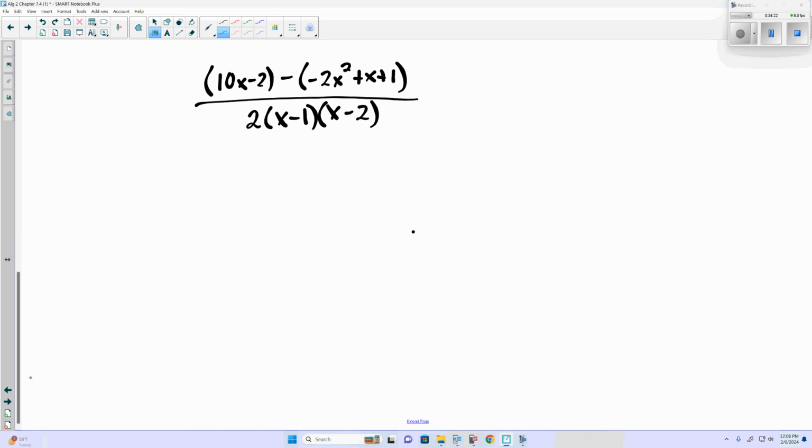Now we do need to be careful when we subtract. Our first expression, 10x minus 2, is just going to stay there. But we do have to apply this negative to all three terms. Our negative 2x squared is going to become positive 2x squared. Our positive x is going to become negative. Our positive 1 is going to become negative 1.